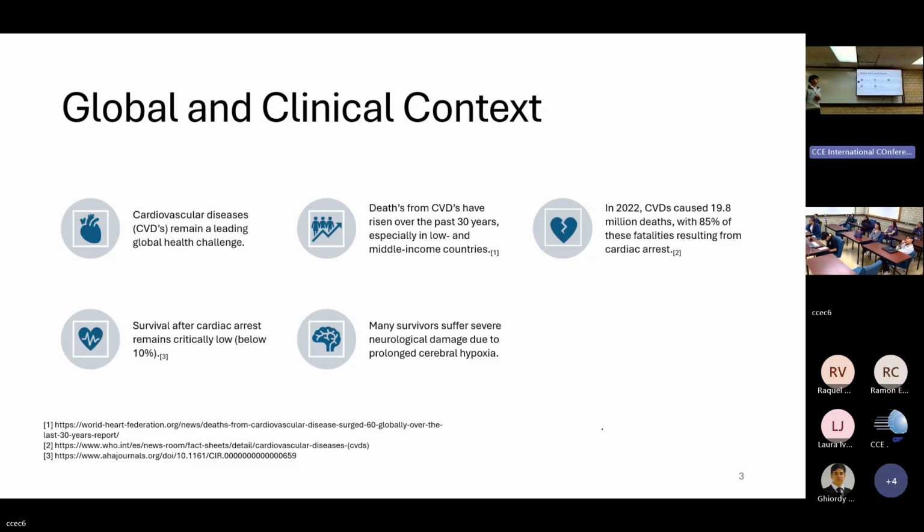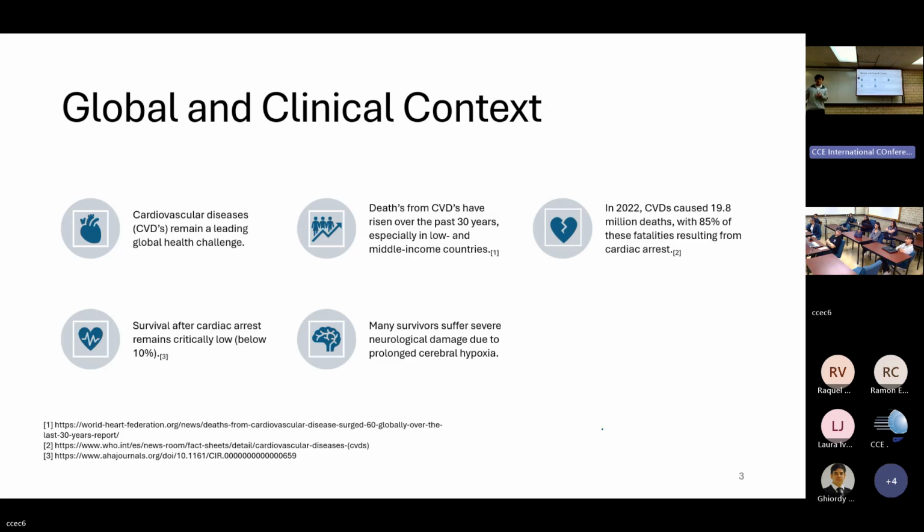The World Heart Federation mentions that cardiovascular diseases remain a leading global health challenge. During the last 30 years, the deaths caused by cardiovascular diseases have increased, especially in low and middle income countries. And the World Health Organization mentions that in 2022, cardiovascular diseases caused 19.88 million deaths, with 85% of these fatalities resulting from cardiac arrests.